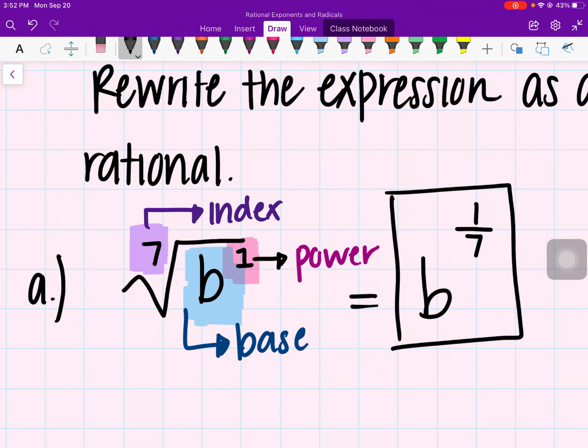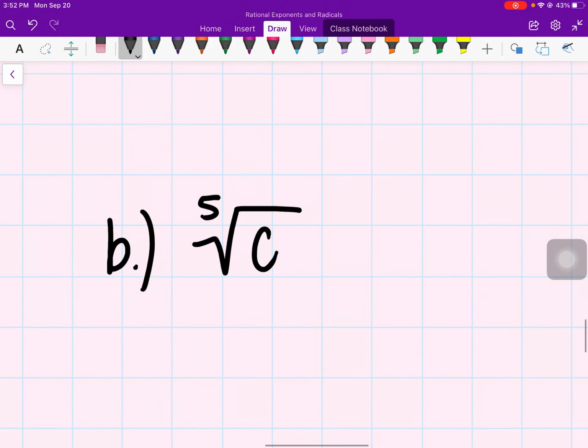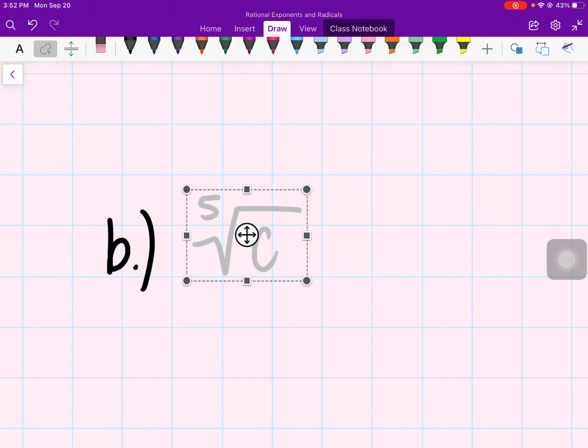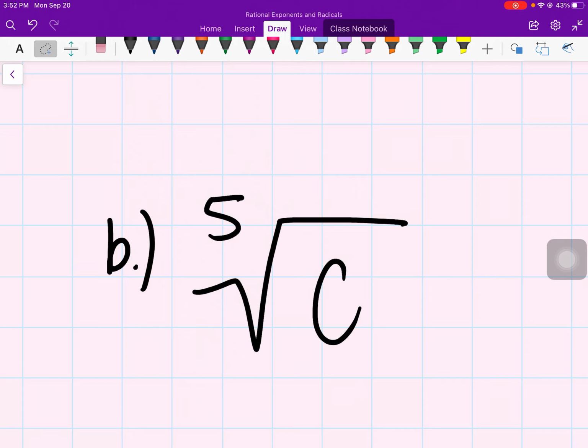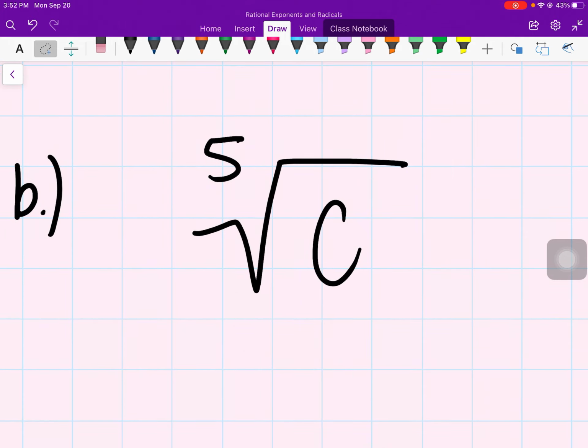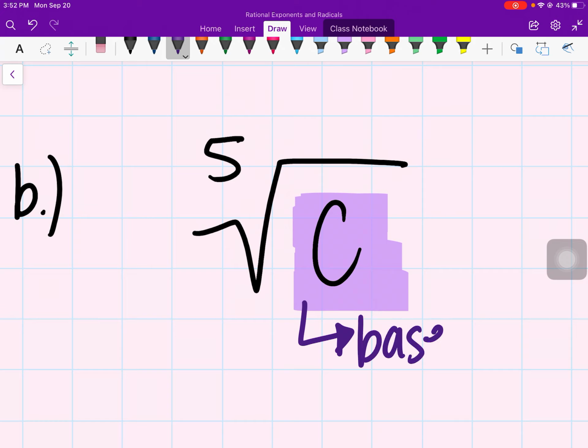All right. And next one, guys, same idea here. We have the 5th root of c, and I want to identify the parts. c in this case represents, once again, the base. And then 5 in this case represents the index.